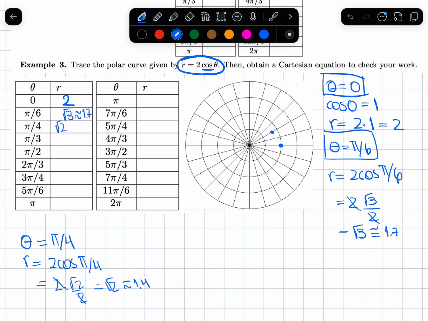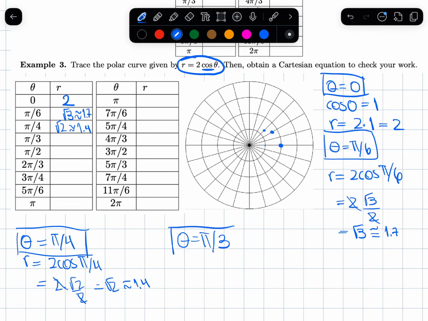So this is root 2, about 1.4. We're in the direction of pi over 4, which means we're halfway in between, and we're a little closer to the origin than we were in the previous step. Let's keep going. Let's draw a few more until I'm happy. Let's try pi over 3. Theta equals pi over 3.